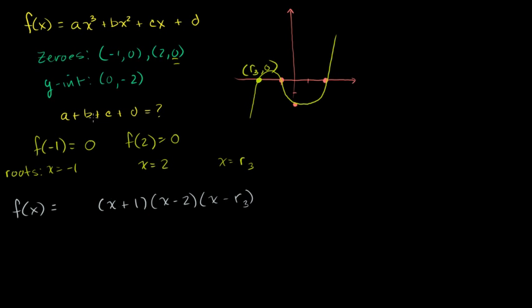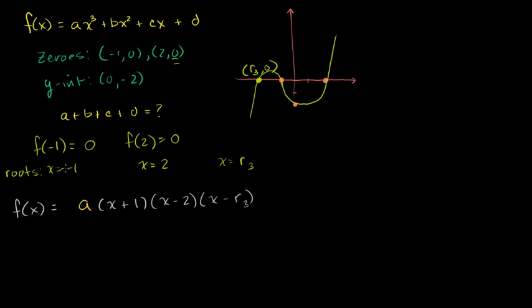And we want to put an a out front, and I'll tell you in a second why. Because if you were to multiply just the x terms here, when you multiply out these binomials with the distributive property, you'll just get an x to the third. But we had an ax to the third, so you just need a constant a there to make this an ax to the third.